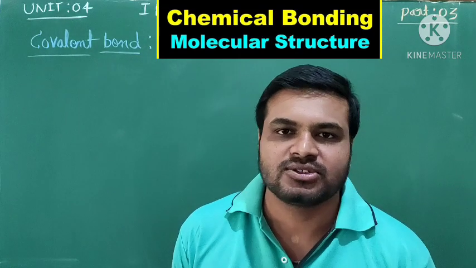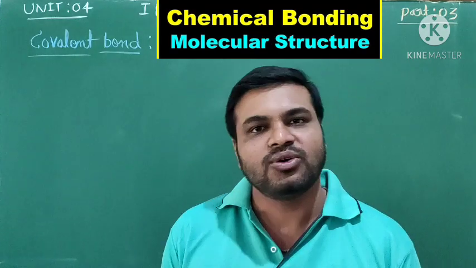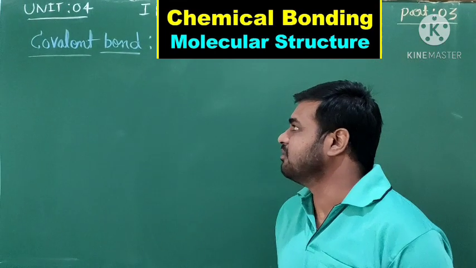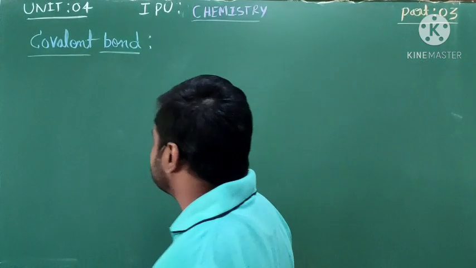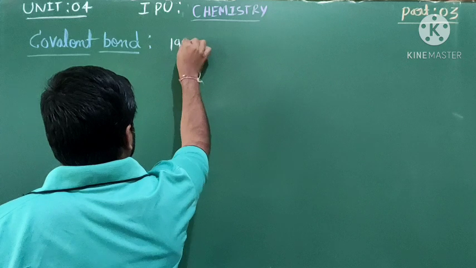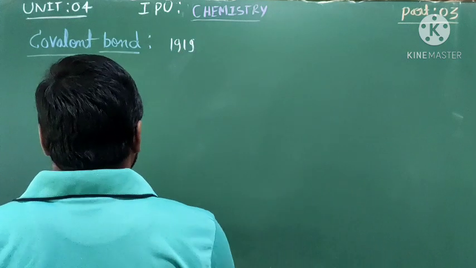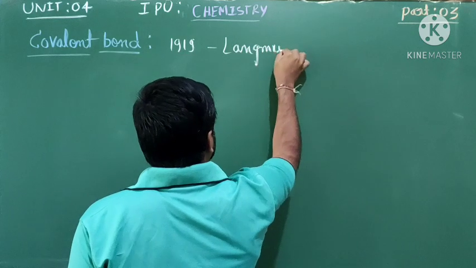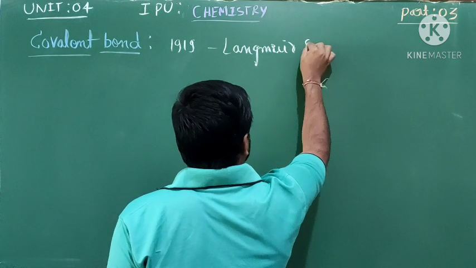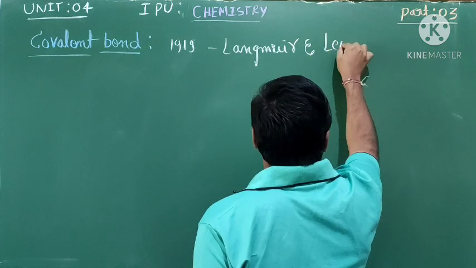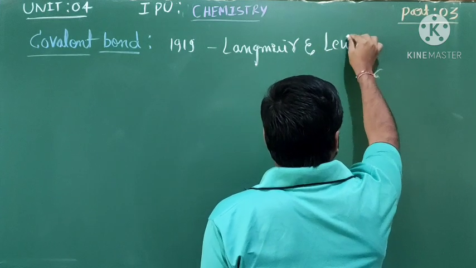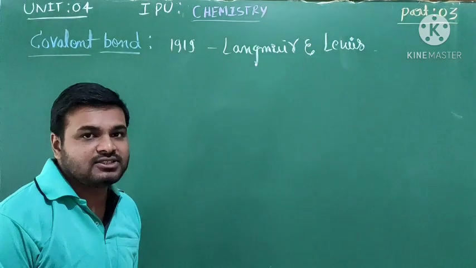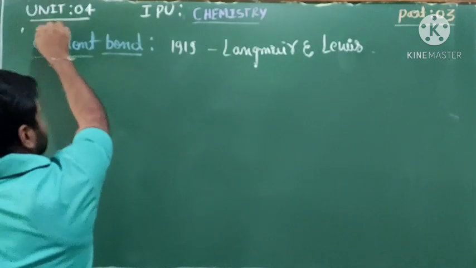Let's move on to the next topic in Unit 4, covalent bond. Okay? The covalent bond. In 1919, the scientists Langmuir and Lewis, both of them, introduced the term covalent bond.